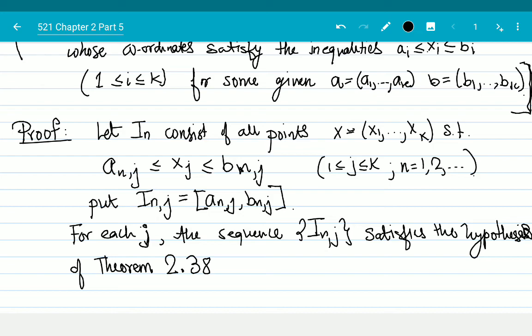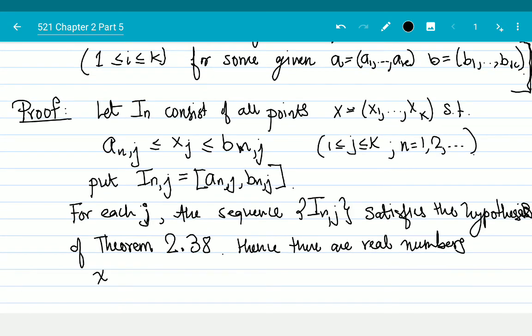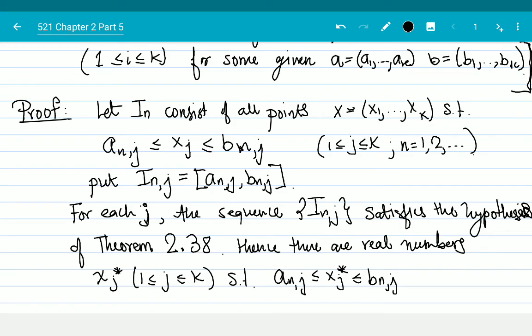Hence there are real numbers xj star in each of these intervals, 1 ≤ j ≤ k, such that a_{n,j} ≤ xj star ≤ b_{n,j} for every 1 ≤ j ≤ k, and n = 1, 2, ... Right?